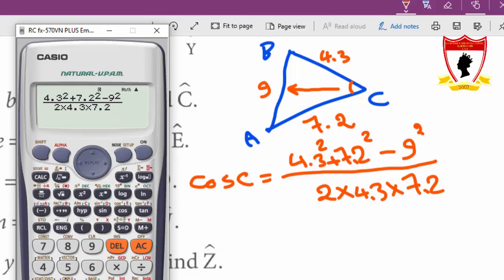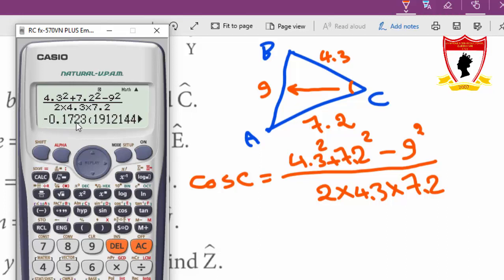So we copy it the same, 4.3 squared plus 7.2 squared minus 9 squared, and then 2 times 4.3 times 7.2. All right, that's it. This is the result.